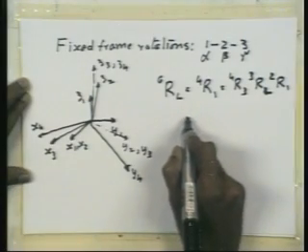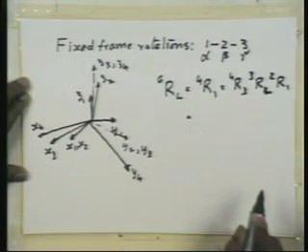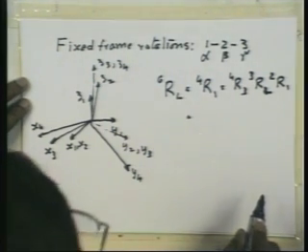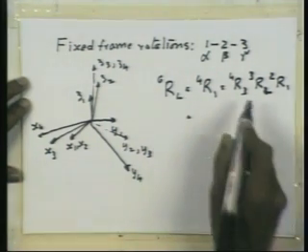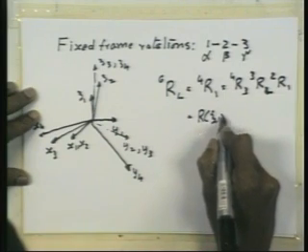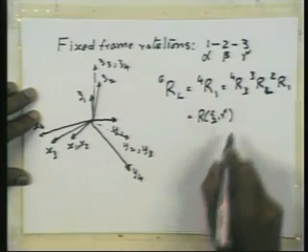Fine. And so what is 3 with respect to 4? Sorry, 3 with respect to 4, not 4 with respect to 3. Yeah, that is the rotation about the z axis by angle gamma. So R about z by angle gamma. Fine.